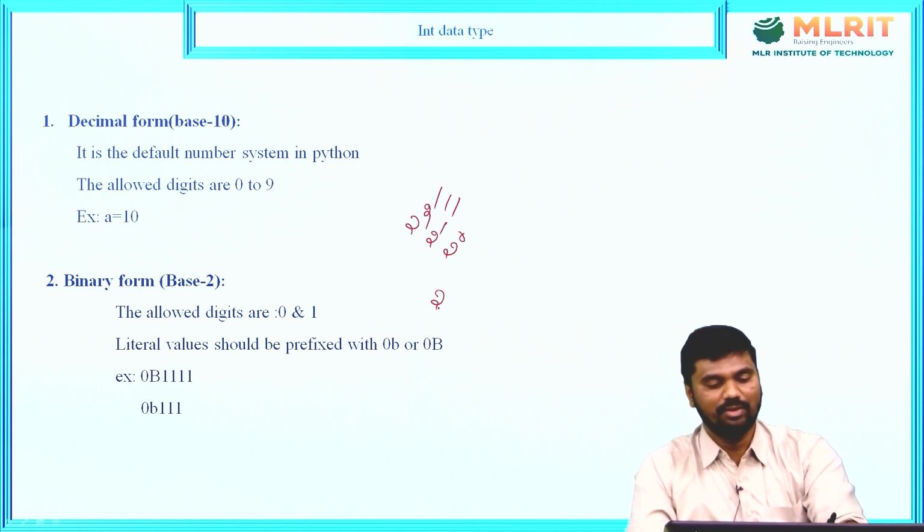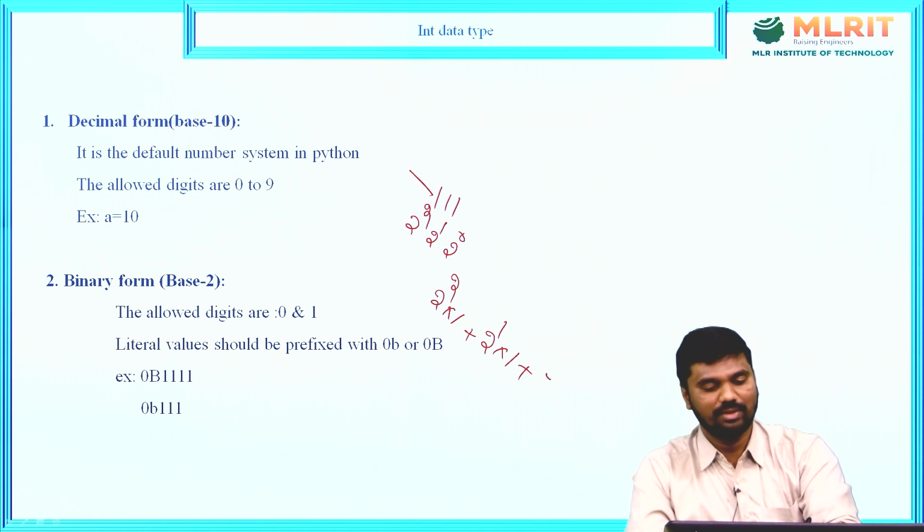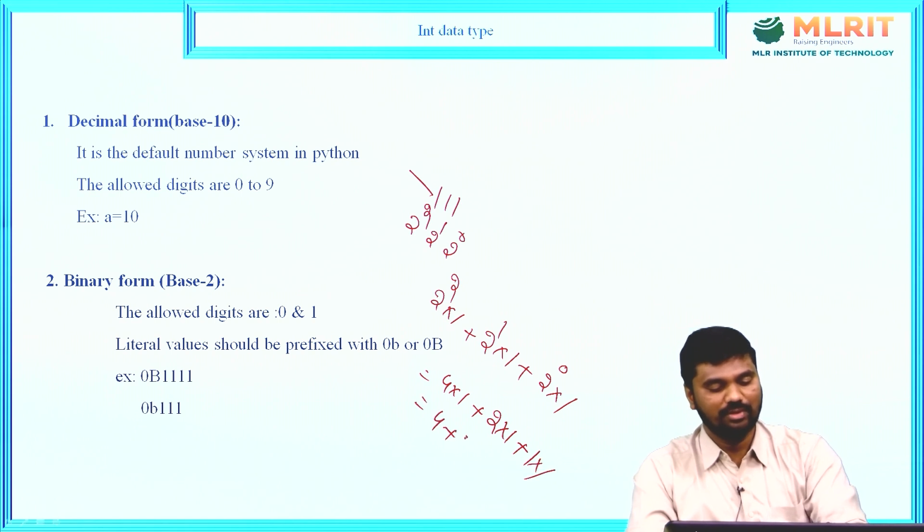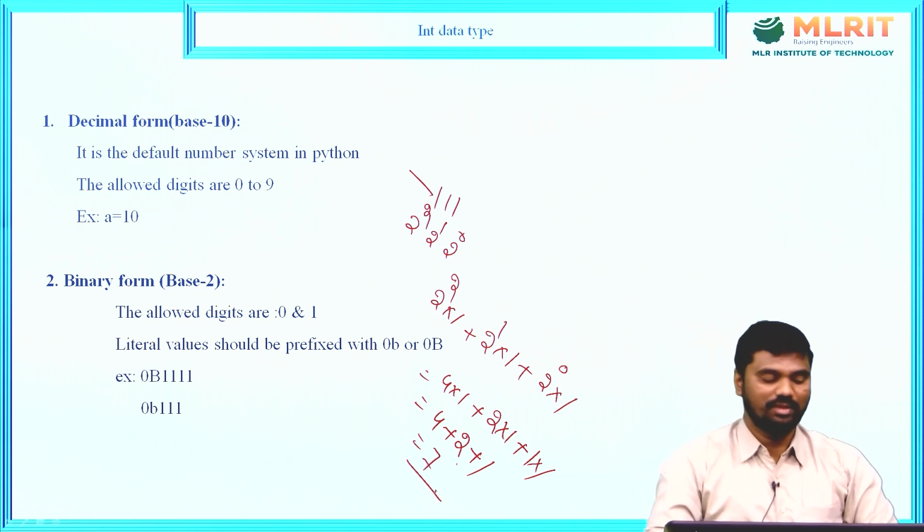That means 2 power 2 into 1, plus 2 power 1 into 1, plus 2 power 0 into 1. 2 power 2 is 4 into 1, plus 2 into 1, plus 1 into 1. So 4 plus 2 is 6, 6 plus 1 is 7. So the output is 7.